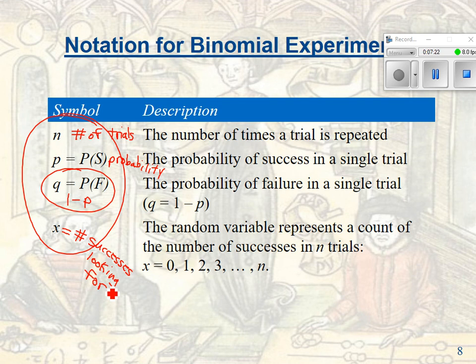N is the total number. That's what we've been dealing with all year long, the total number in whatever it is that we're dealing with. P is the probability that you have a successful outcome. Q is the probability you have a failure as an outcome, and X is how many successes you're looking at, whether you're trying to get 2 out of the 10, 3 out of the 10, 4 out of the 10, 5 out of the 10, whatever.